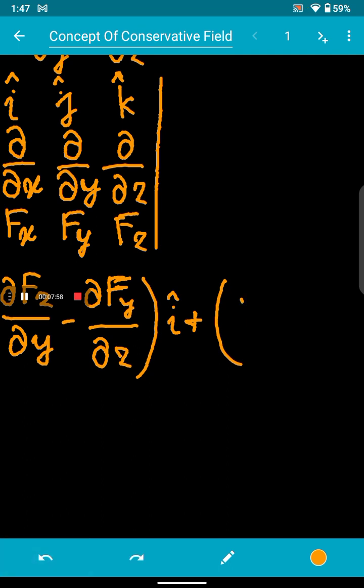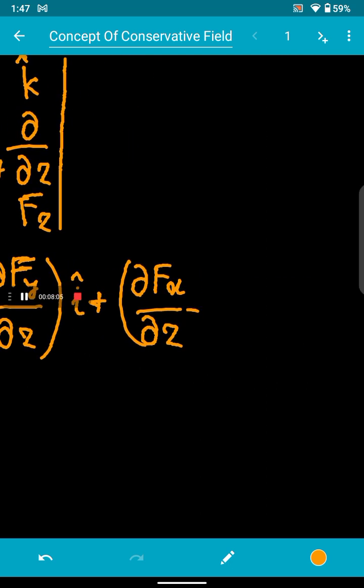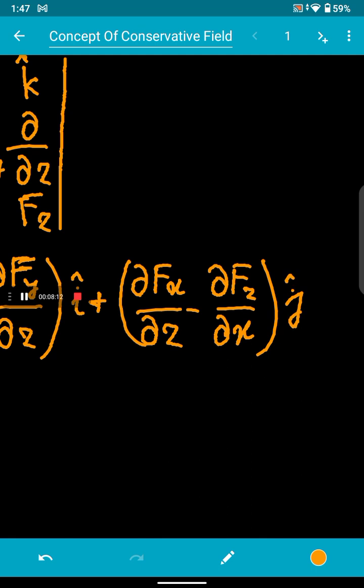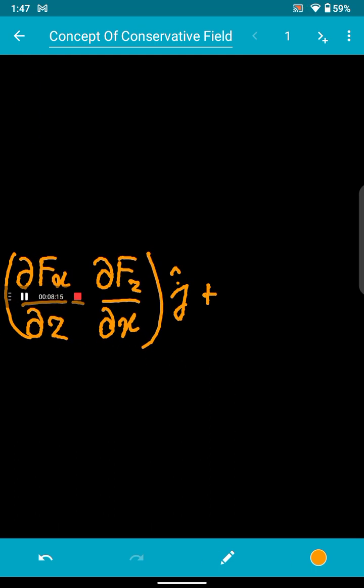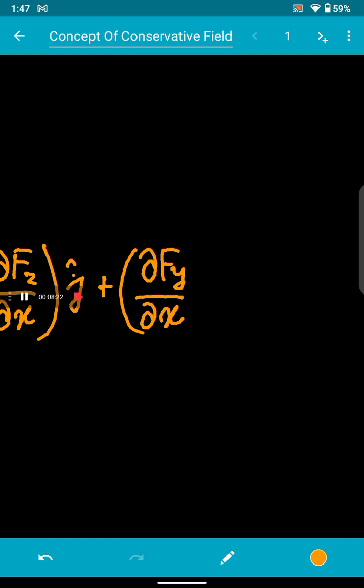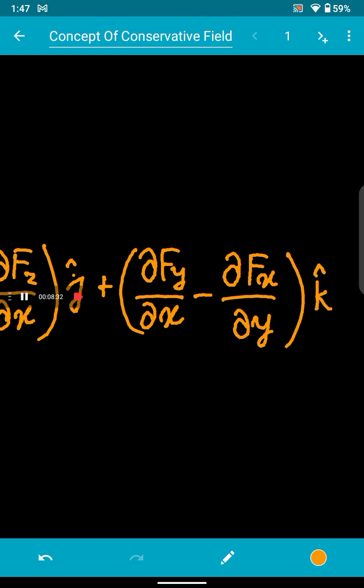Del fx del z minus del fz del x into j cap, plus the last component, del fy del x minus del fx del y. This is the z component.